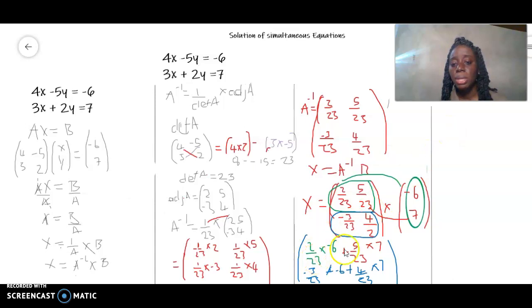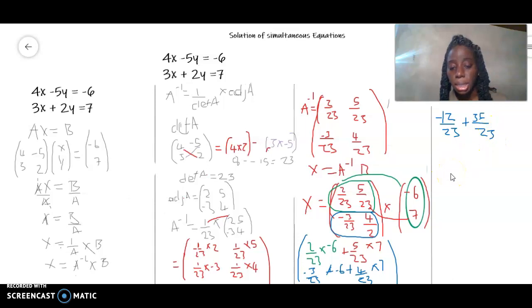2 over 23 times negative 6 will yield negative 12 over 23, plus 5 sevens are 35, so that's 35 over 23.